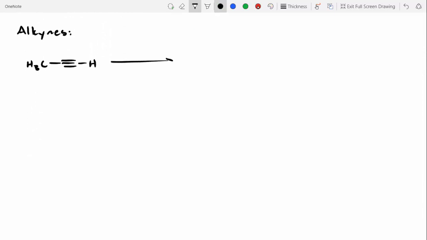We can use a borane followed by hydrogen peroxide and sodium hydroxide. And we've got 2 carbons to look at. We've got the carbon in green and we've got the carbon in red. Which carbon do you think is going to end up with an alcohol coming off of it? The red one. It's the anti-Markovnikov side. So we can go ahead and we can draw our enol.